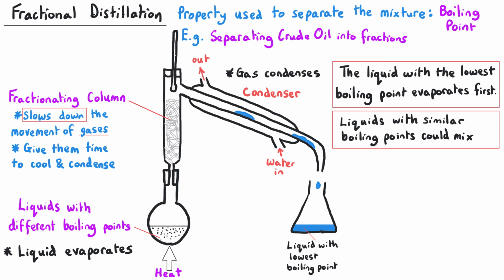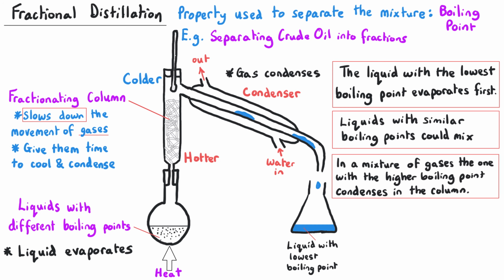And because the fractionating column is such a large piece of glassware, it ends up being hotter at the bottom and colder at the top. And because the vapours are moving through this quite slowly because of the glass beads that are inside the column, it gives the vapours more chance to cool down and condense and run back into the original flask.